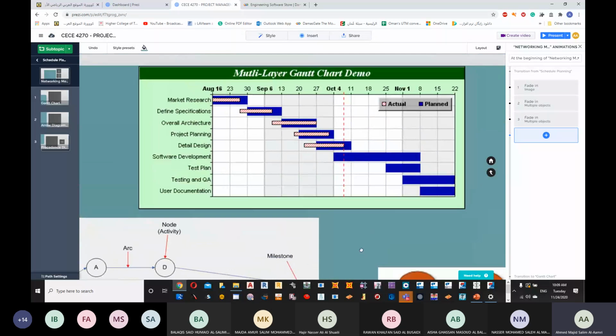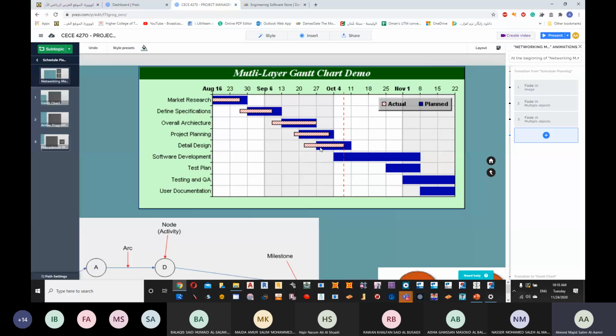Now, when it comes to the Gantt chart, it's not easily defined which task is depending on which task. Like for example, when it comes to the detailed design, is it depending only on overall architecture, or is it depending on defined specification and overall architecture? Do we have two relationships or only one relationship? That's not something which can be defined by the Gantt chart.